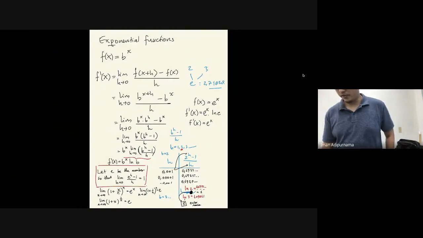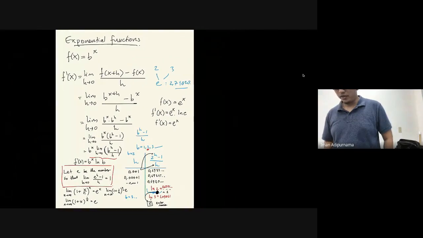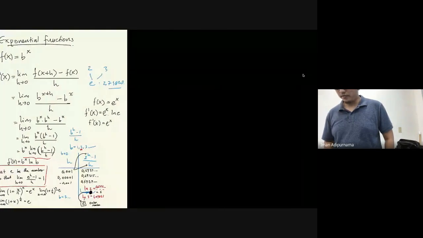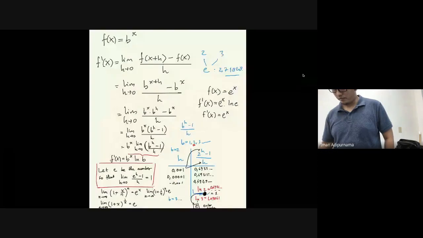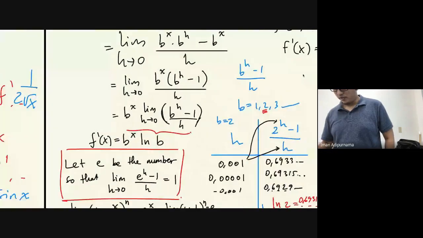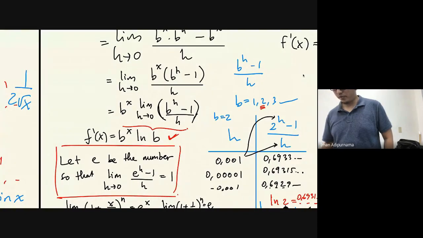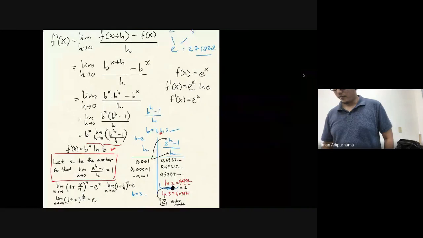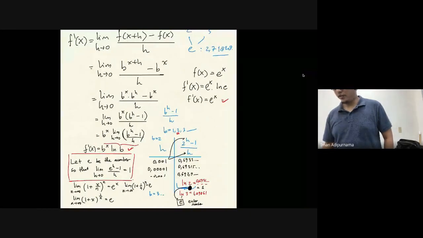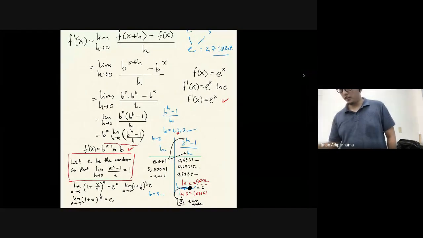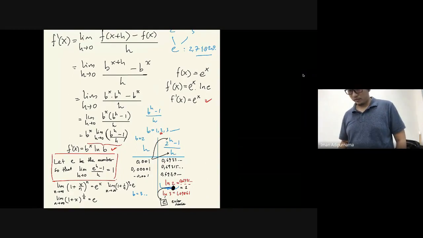So those are exponential functions. Because I already introduced e, we can go for some logarithm. If you want to write this up, I think this is important here. If you have the exponential, this is also e to the x, which you're already familiar with from high school, I think.